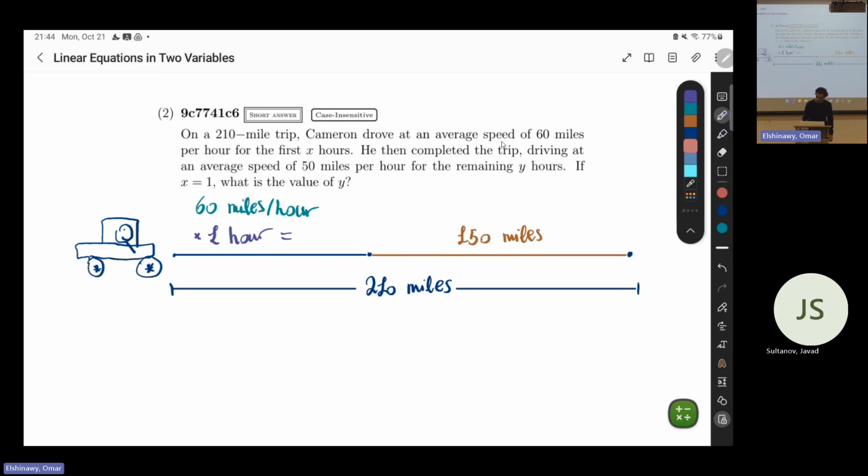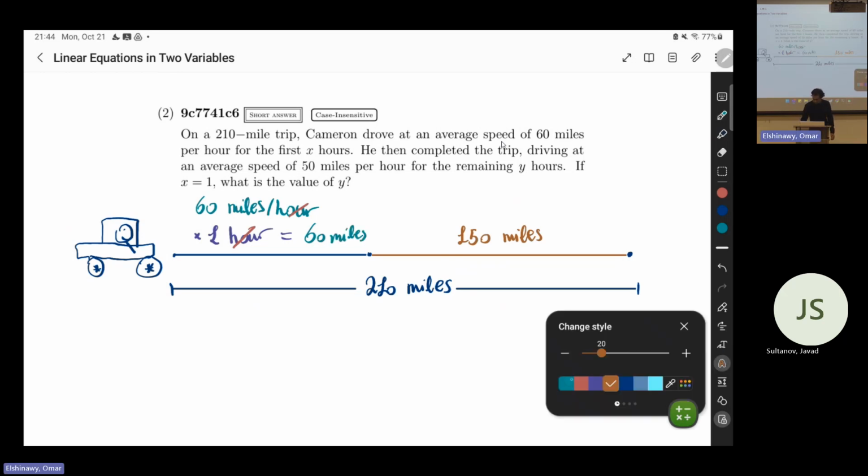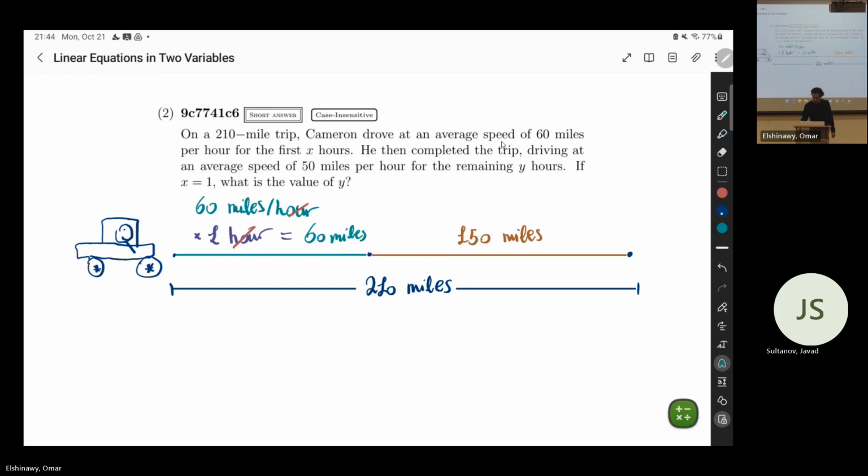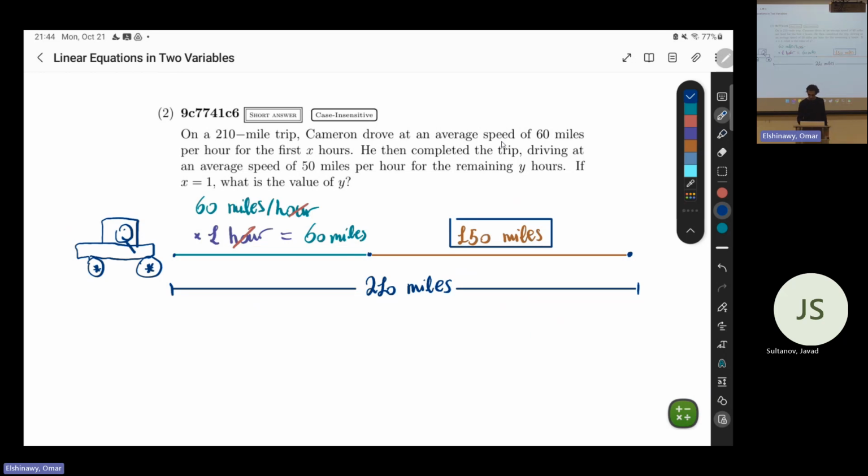The hours cancel out, and you get 60 miles in the first part. It's not completely bad to say. It has some sense to it: if you go for 60 miles per hour for 1 hour, that's 60 miles. Then now you have 150 miles left. That's the part which I kind of blew away.